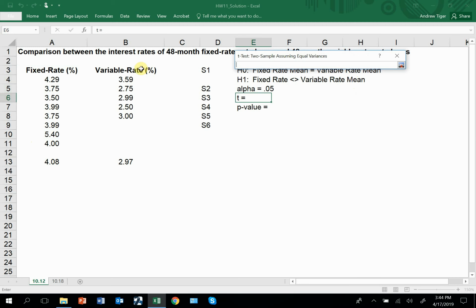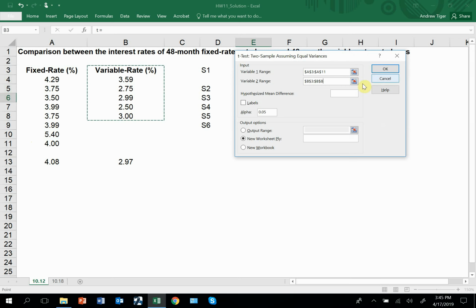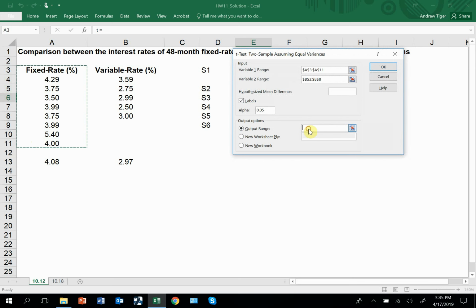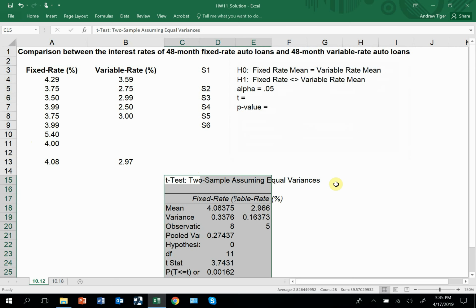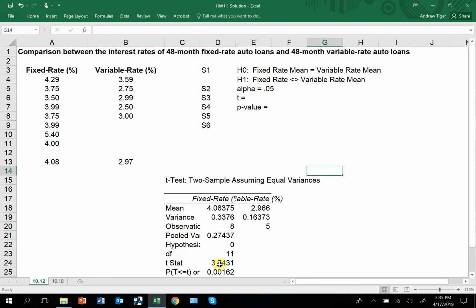Variable 2. Labels in the first row. I'm going to go ahead and let it put the output right on this spreadsheet. There you go. So my t-stat is this.